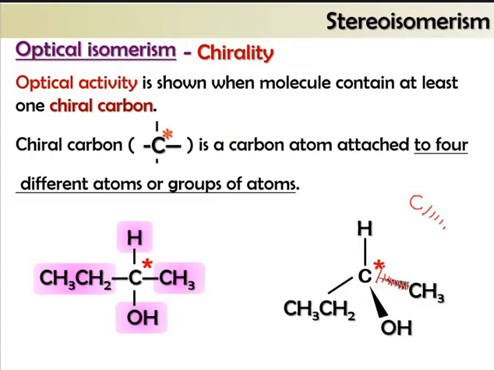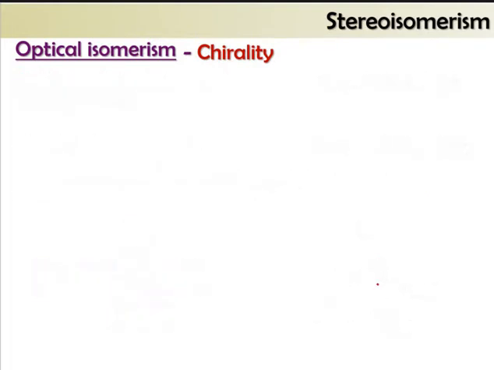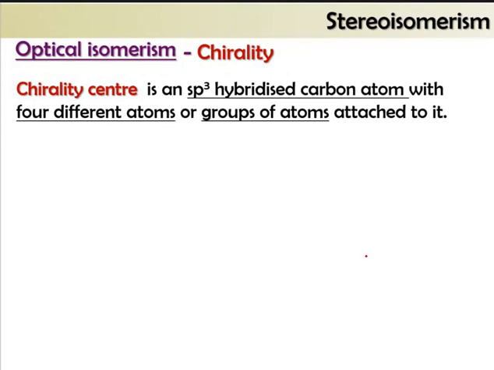So kita akan mark the carbon as asterisk. So chirality center is an sp3 hybridized carbon atom with 4 different atoms or group of atom attached to it. So dia mesti sp3. sp3 maksudnya dia dalam bentuk apa? Tetrahedral. So dia mesti ada 4 bonded lah.